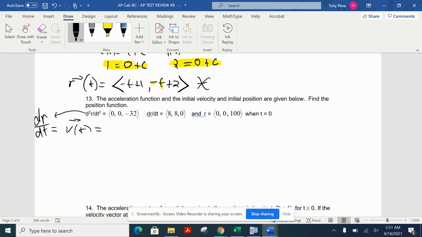All right, then we're going to go through finding our antiderivative of these. The way I would approach this is the antiderivative of 0 would be a 0 plus c. So for those, let's do 0t plus c, but it's still going to be a 0. And then this guy should give us a -32t plus c.